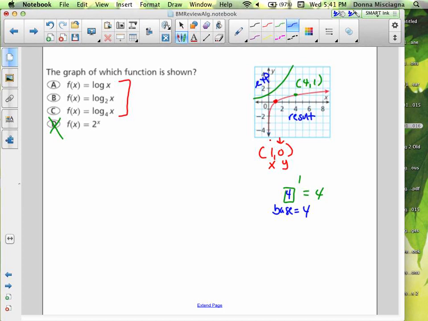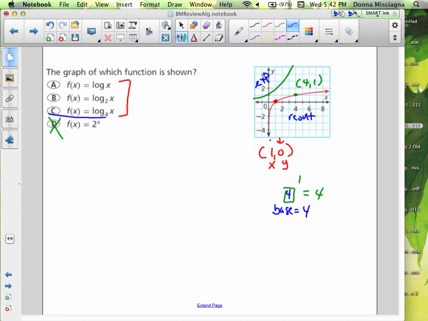Go along the y and figure out where the graph crosses at y equals 1. And y is 1 when x is 4. And so that means you're raising something to the first power and getting this. This is going to end up being your base, because the only way you're going to raise something to the first power and get the same thing is if you're raising that thing to the first power. That made sense. That was an awkward sentence.